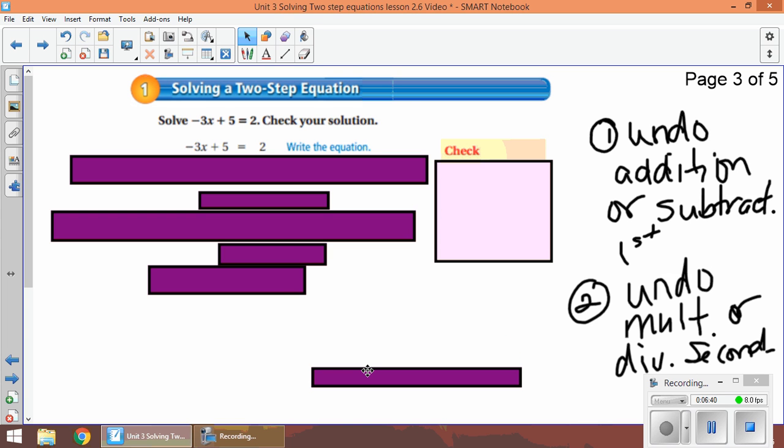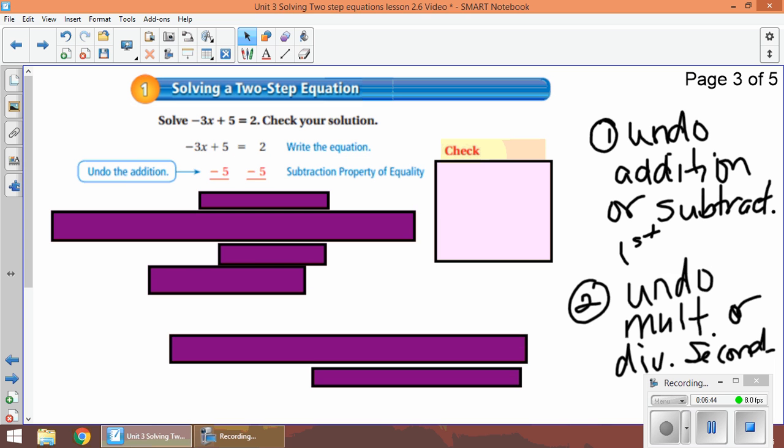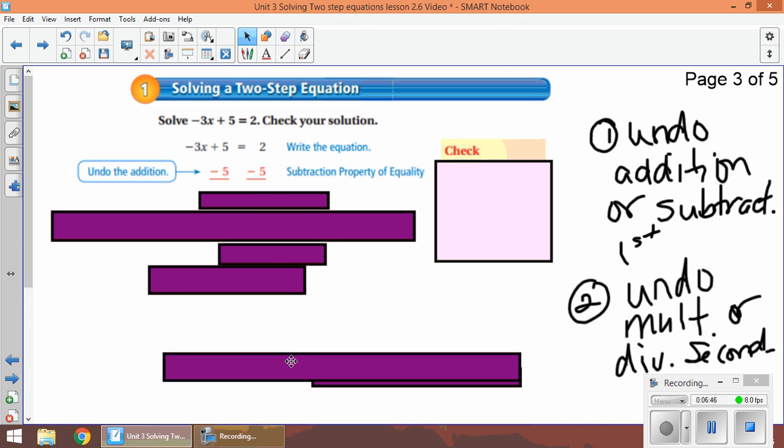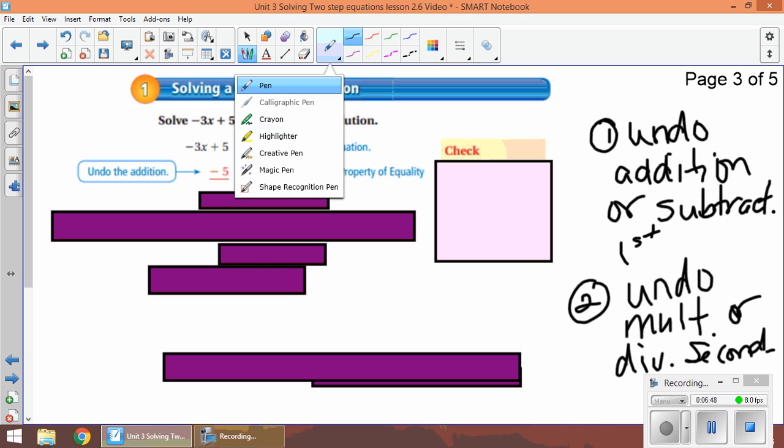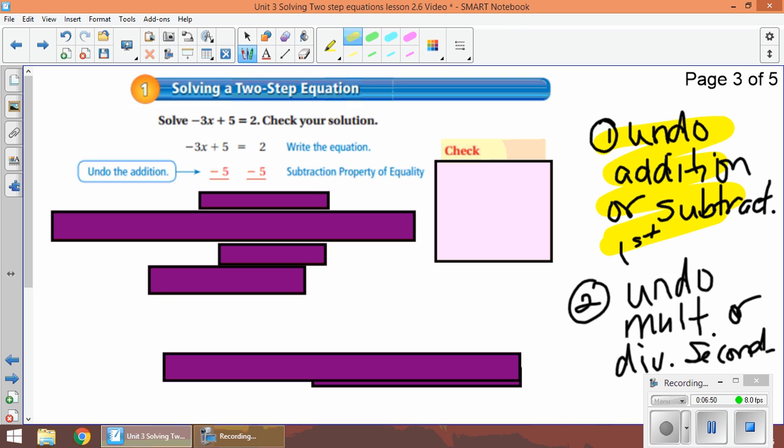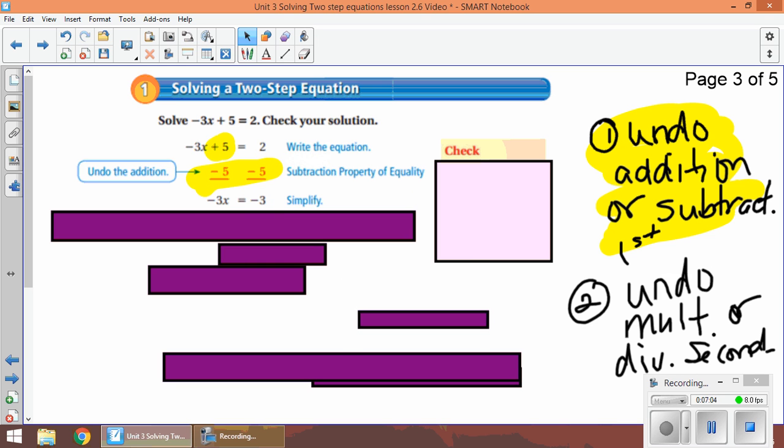I have my equation, negative 3x plus 5 is negative 2. So what I'm going to do first is undo my addition or subtraction. Since I'm adding 5, the inverse of adding is subtracting. So I'm going to subtract 5 from both sides.